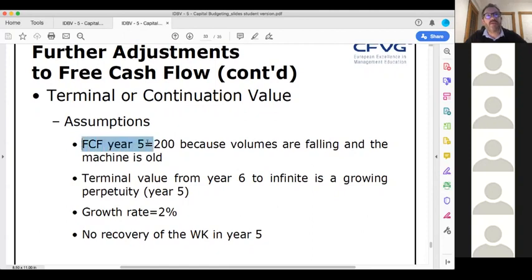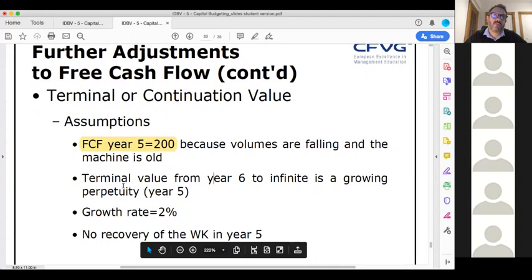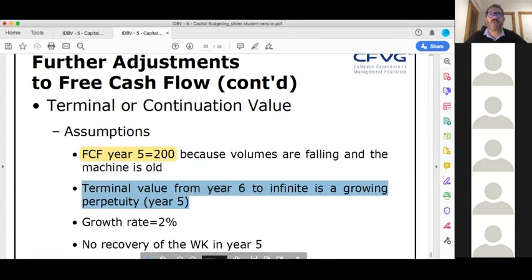So we will consider that the free cash flow year 5, it will be 200 because volumes are falling and the machine is old. Then the terminal value from year 6 to infinity is a growing perpetuity that we calculate in year 5. Actually, if I remember well, let me check.